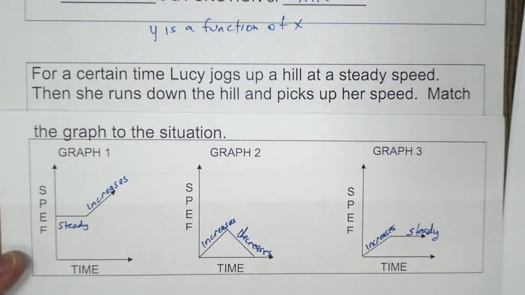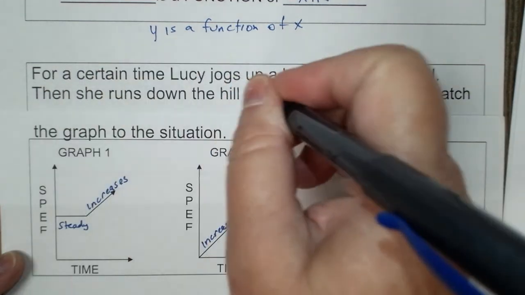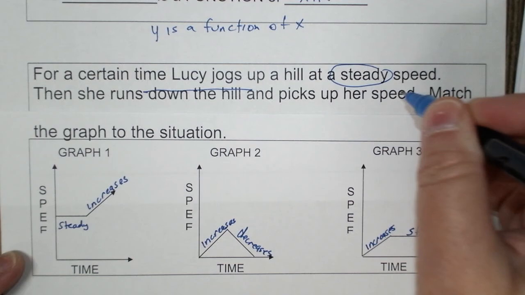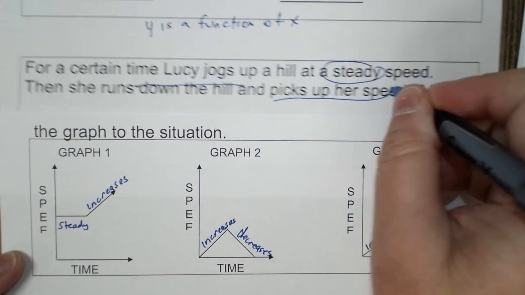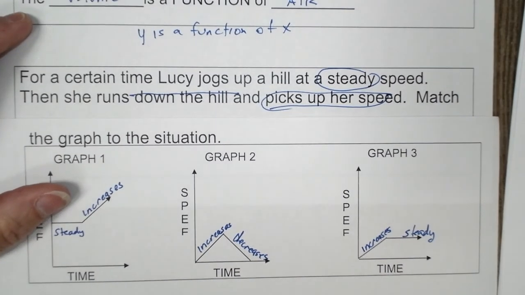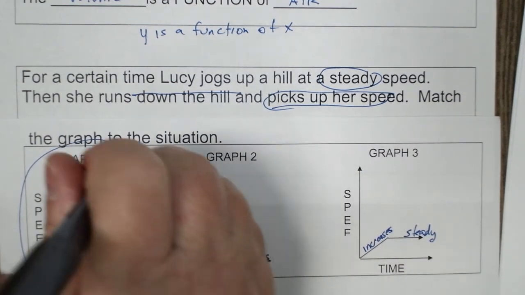So after I label the graphs, I'm going to go back and pick out which one it is. So she jogs up the hill at a steady speed, then she runs down the hill, which has nothing to do with it, and picks up her speed. So running down a hill doesn't show up on the graph. And so it is graph 1.